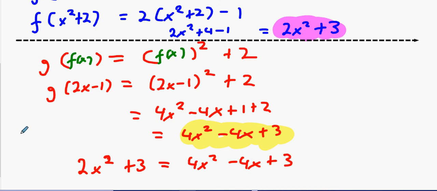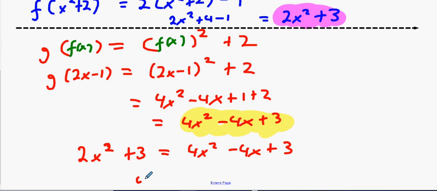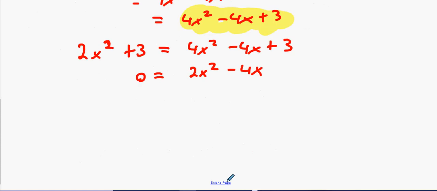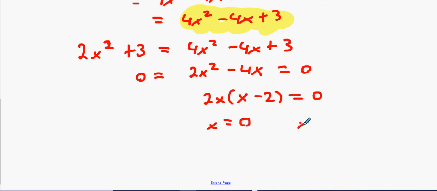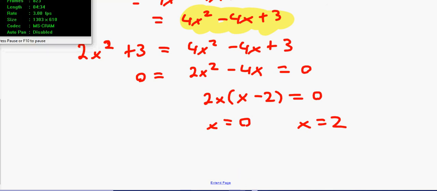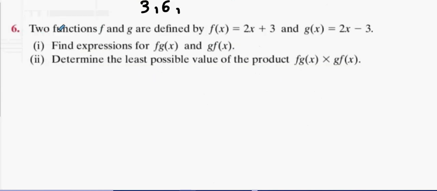The plus 3's cancel. And here I'm going to get 0 equals 2x squared minus 4x. Is that right? And then put the 0 over the other side, and then just factorize out 2x, and you get 2x into x minus 2. Either x equals 0 or x equals 2. You're done.